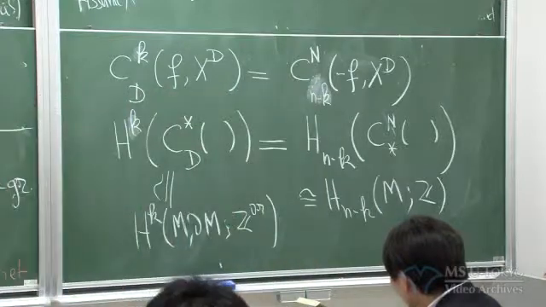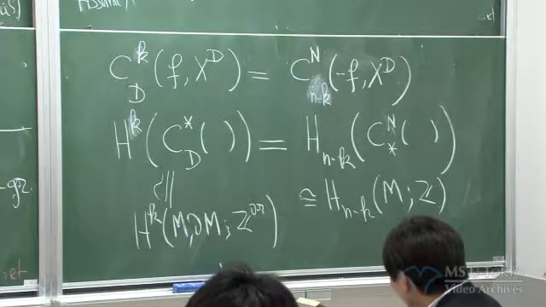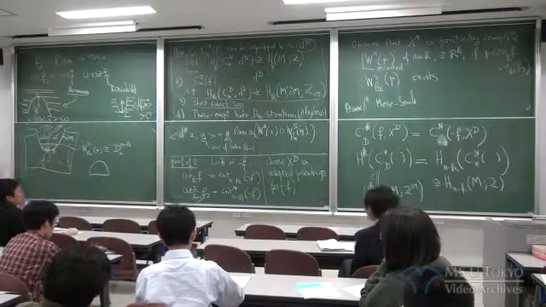If you don't like twisted coefficients, assume that the manifold is oriented.